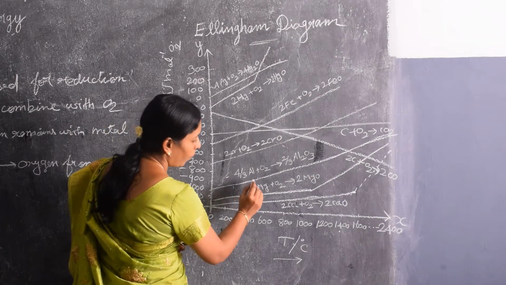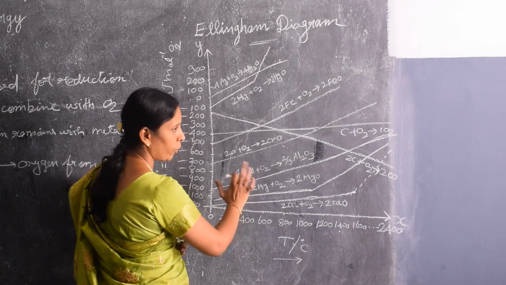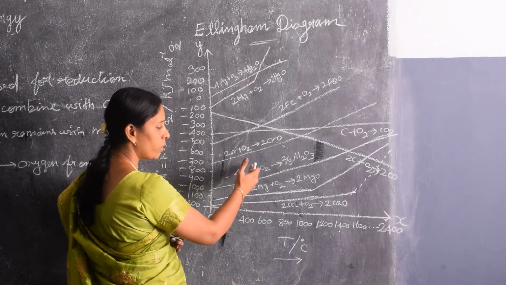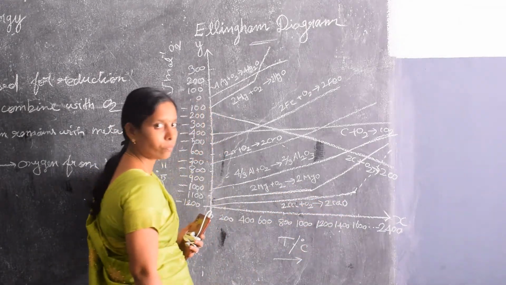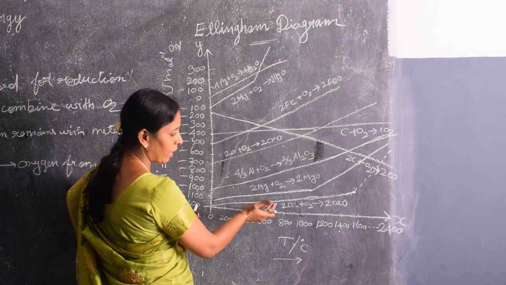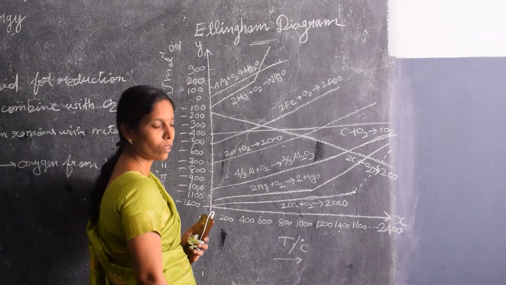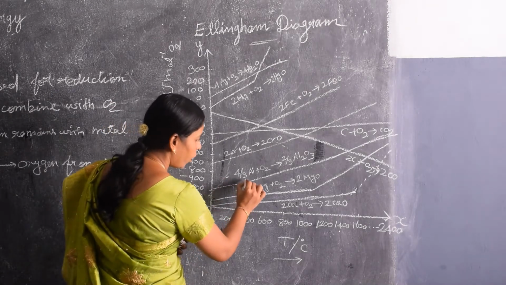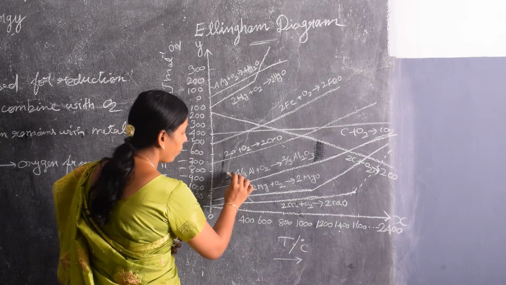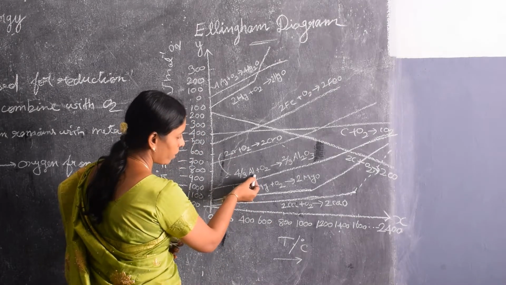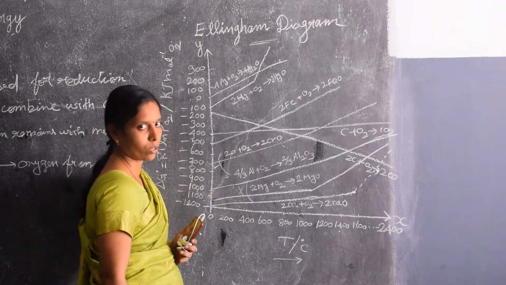So aluminum cannot be used as a reducing agent for magnesium oxide and calcium oxide, because magnesium and calcium occupy lower position than the aluminum. But chromium வந்து aluminum reducing agent use பண்ண முடியும். Okay, so because of the lower position and the upper position.